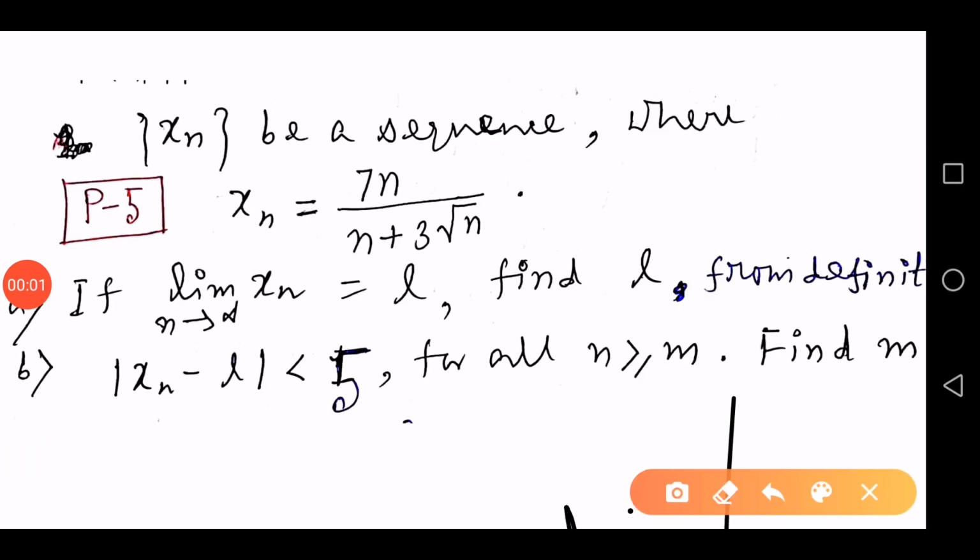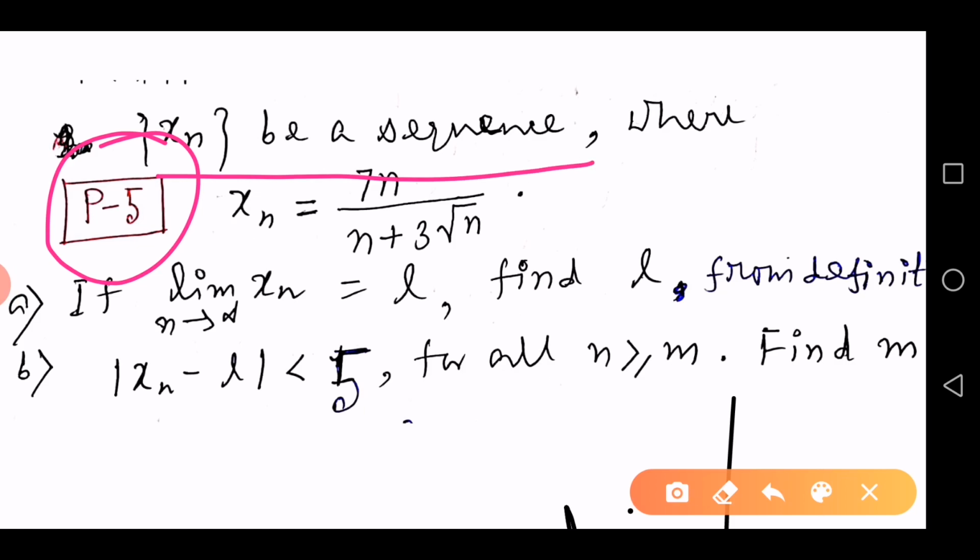This is problem 5 of today. Xn is a sequence given in this manner, where xn is equal to 7n divided by n plus 3 root n. Two parts are there.